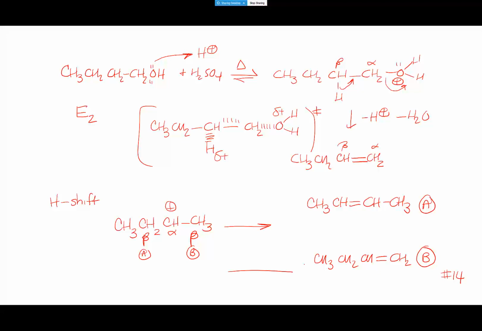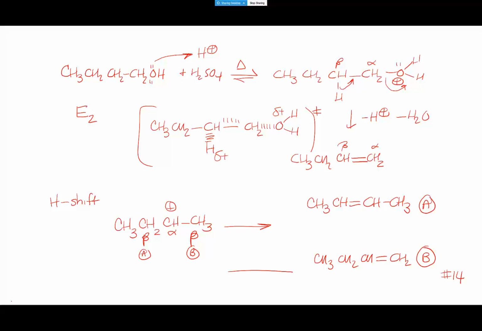So that's the only type of E2 that can occur with an alcohol, which is the perfect segue into, can you do E2 with alkyl halides? Well, if the answer was no, then I'd say no and we'd move on, but I'm not going to do that. The answer is yes. So we need to talk about how you would do an E2 mechanism with an alkyl halide.